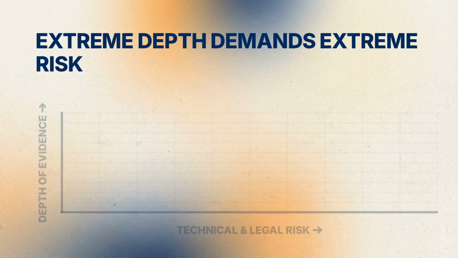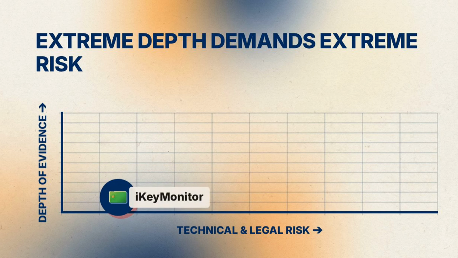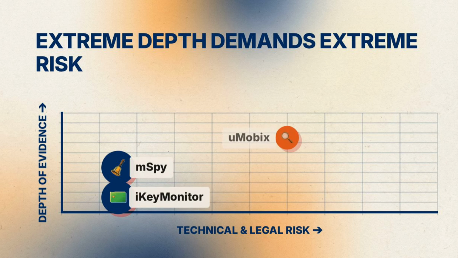This graph synthesizes the entire app landscape. By plotting technical and legal risk on the bottom against the depth of evidence on the side, we can clarify the choices. iKey Monitor sits in the bottom left, providing basic depth at the lowest possible financial risk. mSpy remains low risk, but adds moderate depth for passive, time-poor users through location tracking.